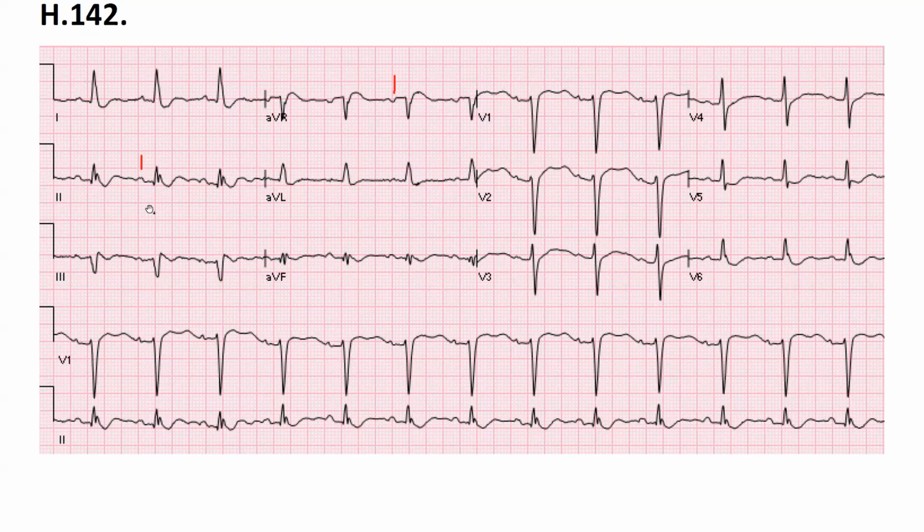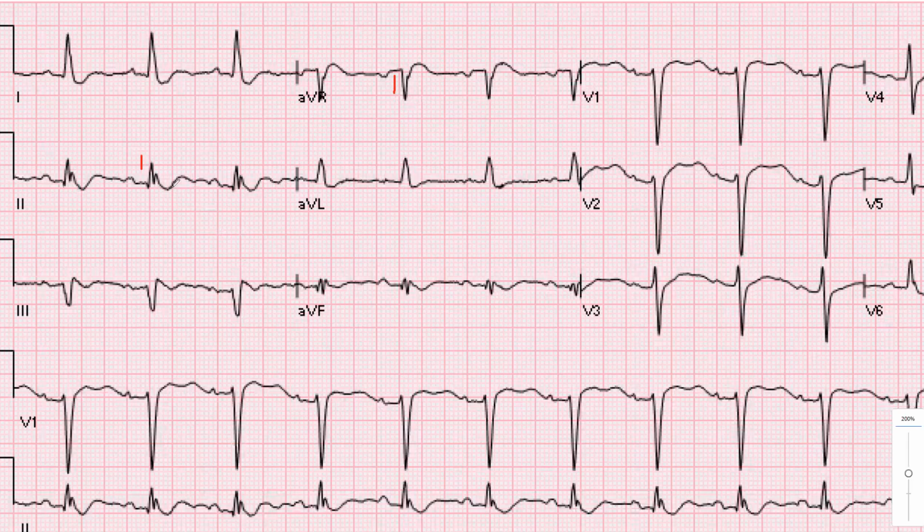I'm going to enlarge a little bit. Okay, good. Now, 1, 2, 3. So the first one is the T, and then you have an abnormal P wave. That's a T wave for sure.